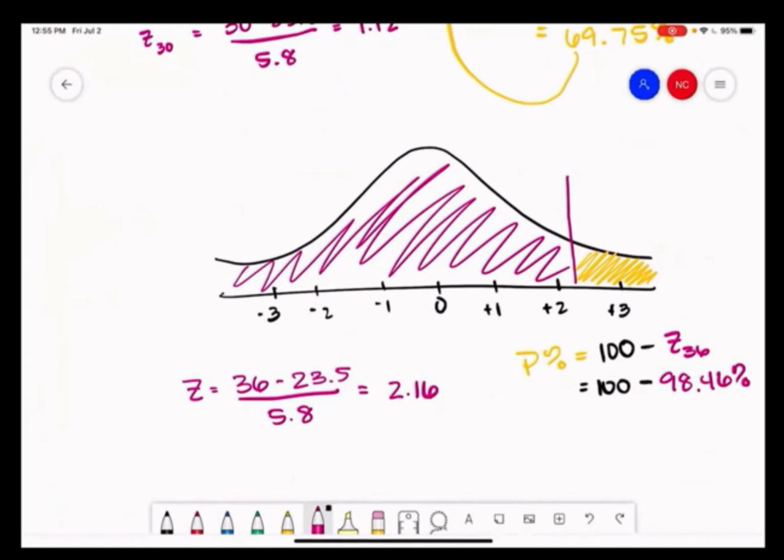So when we say 100, or this entire distribution, minus that 98.46%, we end up getting 1.54%. So this is what lives in this yellowed area here. So we have a 1.54% chance of randomly choosing somebody out of this distribution who fasted more than 36 hours.